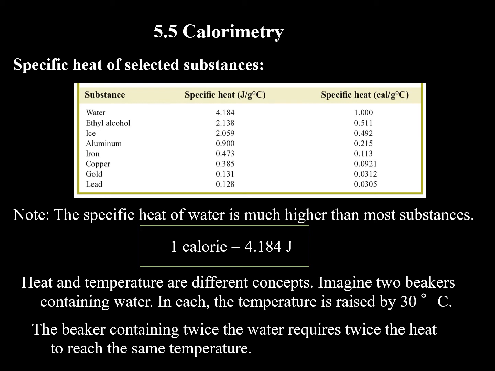So we have here specific heats of substances. We have a list here: water, ethyl alcohol, ice, etc. These will be given to you, their specific heats. What I wanted to point out here is, again, specific heat is the amount of energy you need to add to raise the temperature of 1 gram by 1 degree.